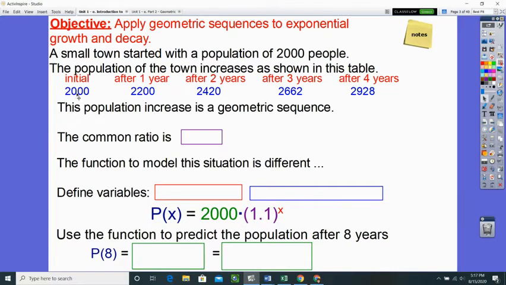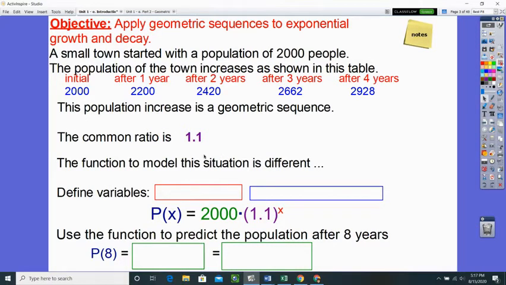Now remember, that multiplication is how we're going to write that, and we would be multiplying by 1.1. So 2,000 times 1.1 would give you 2,200. Multiply by 1.1, and you have 2,420.